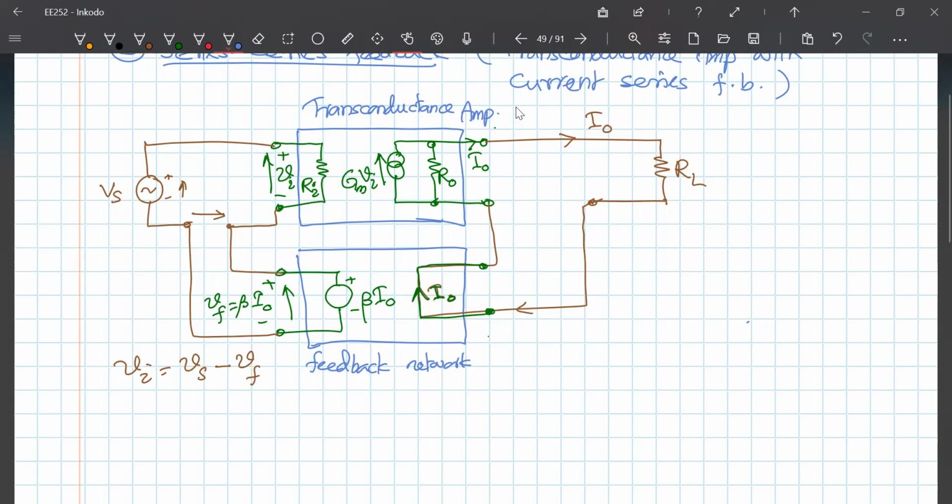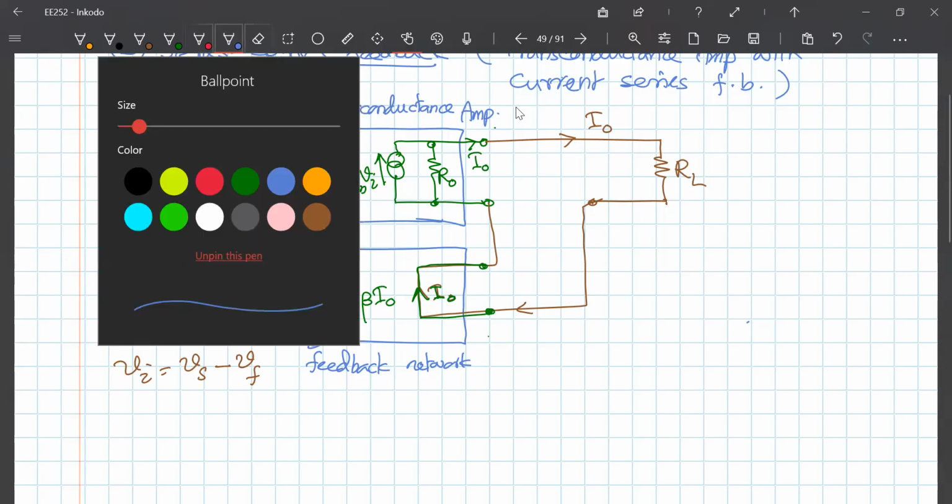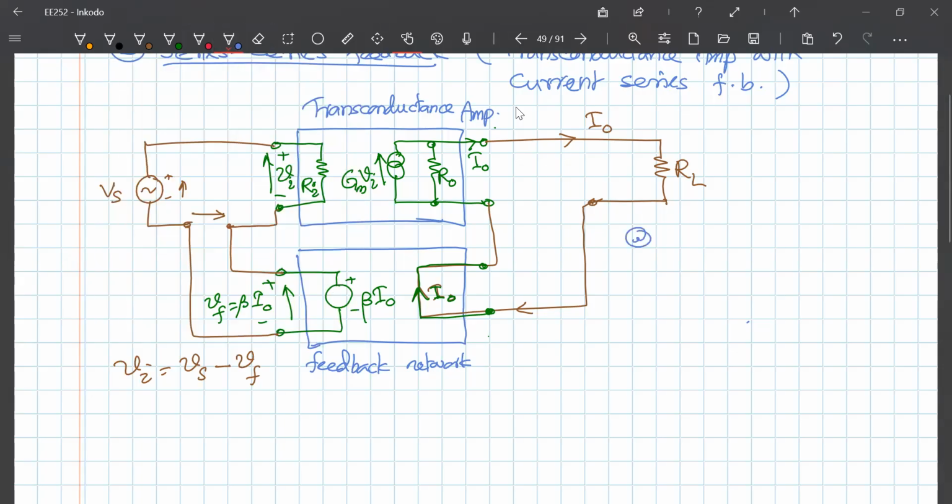Now this is a transconductance amplifier. The input impedance has to be very high, and the output impedance also has to be very high because it's a current source. So I require high input impedance and high output impedance.